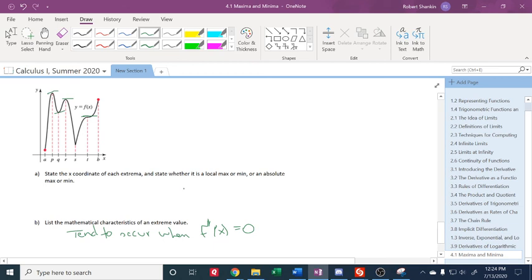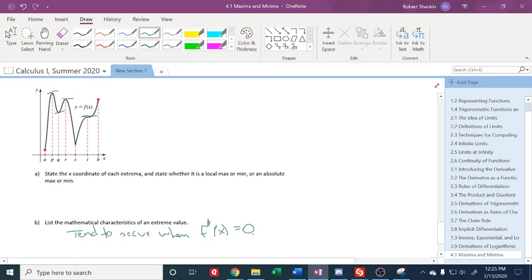All right, now, were there extreme values where it was not the case that the derivative was 0? Anybody? At point S. And what's happening at point S?